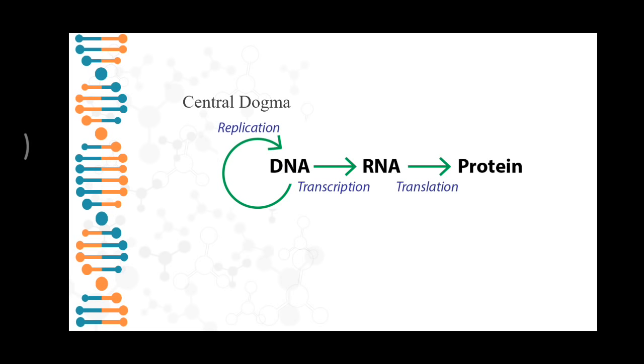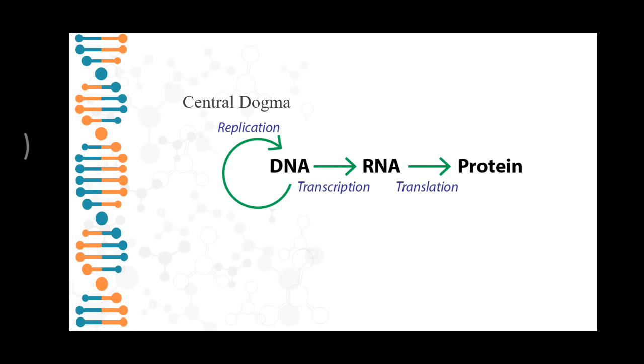In translation, the RNA sequence which has been released is translated into a sequence of amino acids linked to form a polypeptide chain, which further forms into a structural or functional protein.